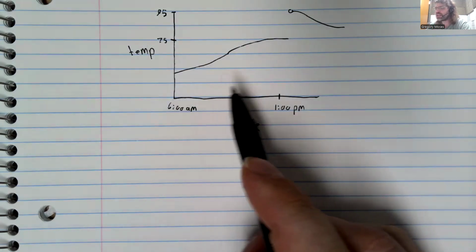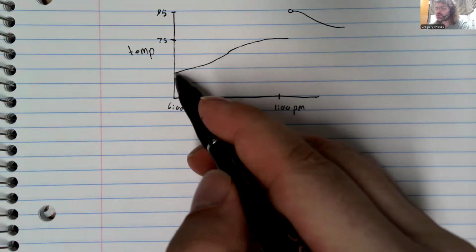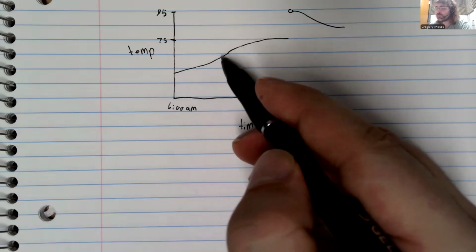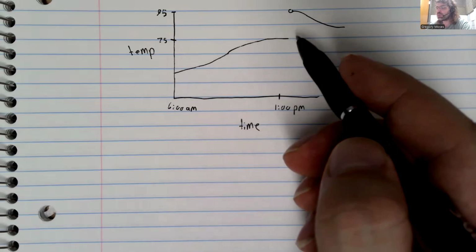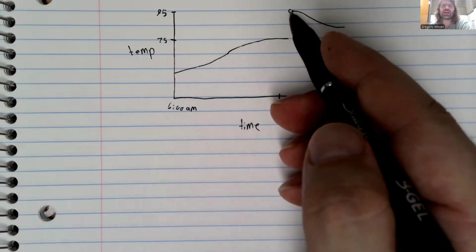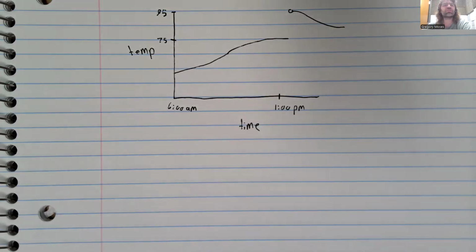Between 6 a.m. and 1 p.m., the temperature increases up to 75, and then at 1 p.m. it jumps up to 95. Just a sudden jump.